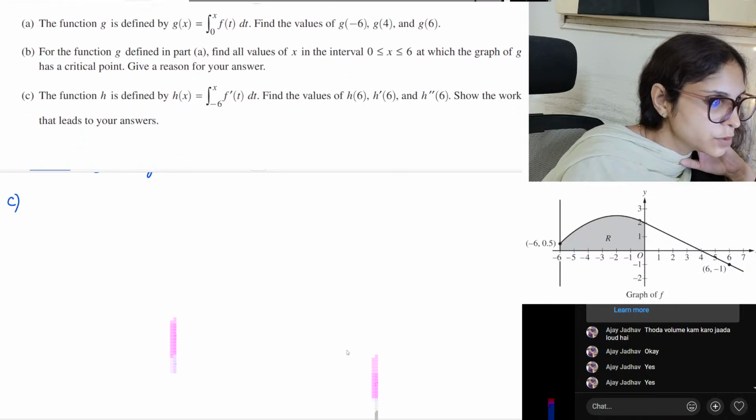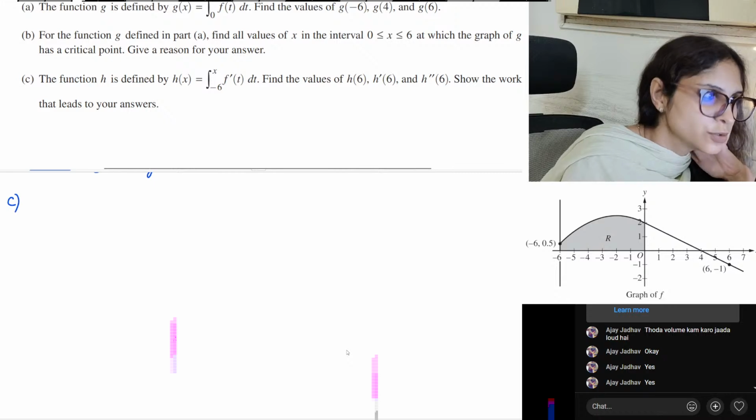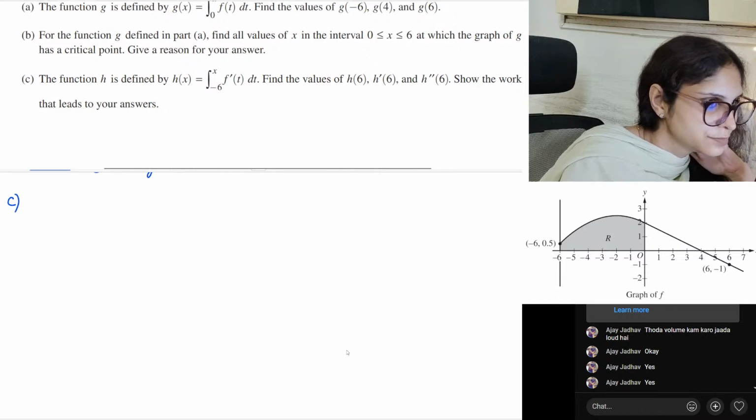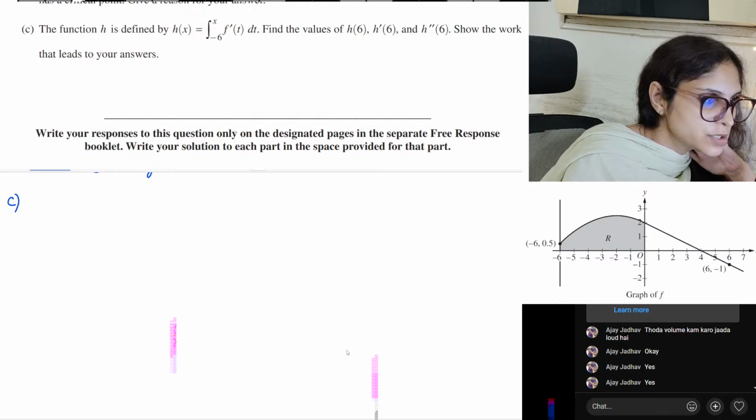Now the third part of the question, and you have to find all values of x, so there's only one value of x. The third part: the function h is defined by h of x equal to the integral from -6 to x of f derivative of t dt.